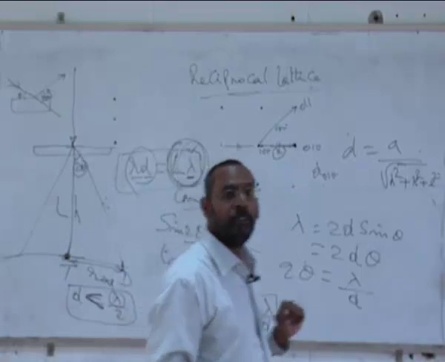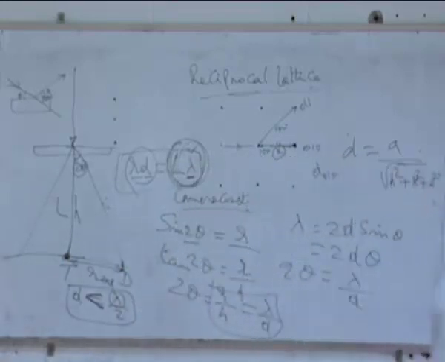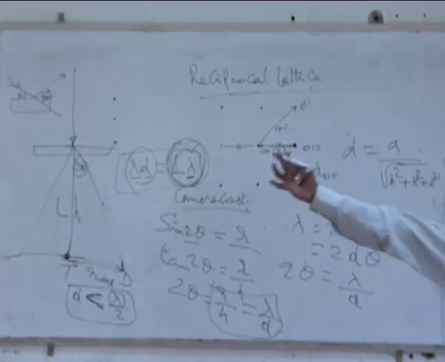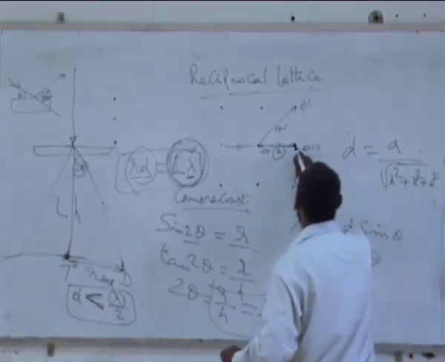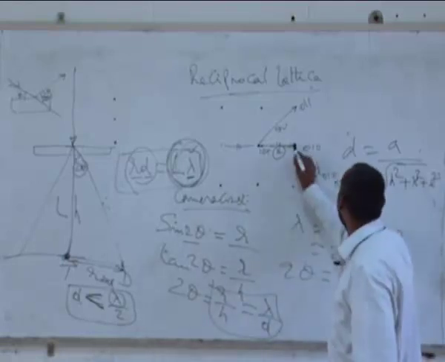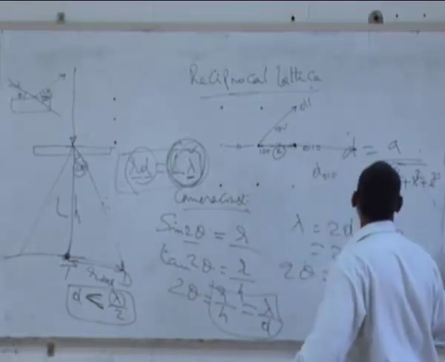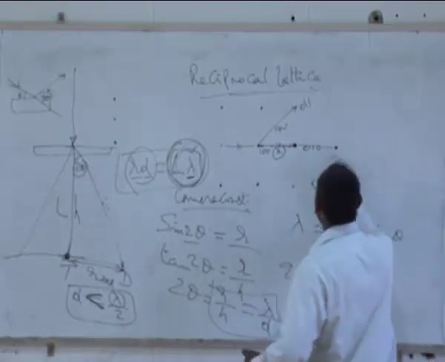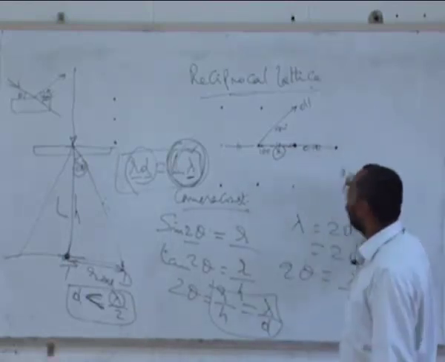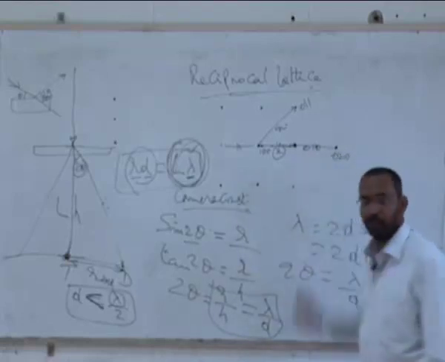Because R is inversely proportional to d. As a result, if the d is larger, R will be smaller. If the d is smaller, R will be larger. For example, if you simply look at this as 0, 1, 0, and the next one is what? In the same direction, the next one at the same equal distance will be 0, 2, 0.